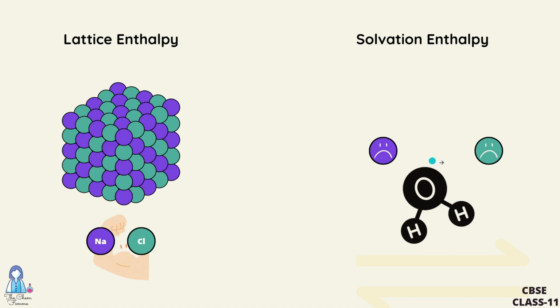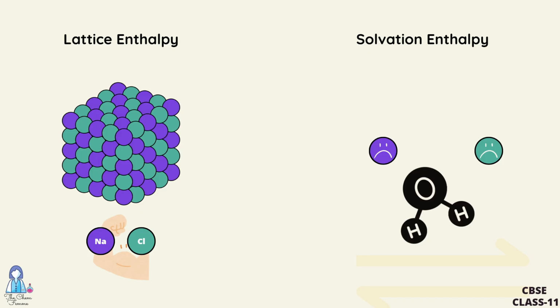The water molecule comes in and is able to break up the force between the two ions, and the energy that is released when 1 mole of the salt is dissolved in the solvent is the solvation enthalpy. So for an ionic salt to get dissolved in a solvent, the strong forces, that is the lattice enthalpy, should be overcome by the solvation enthalpy.